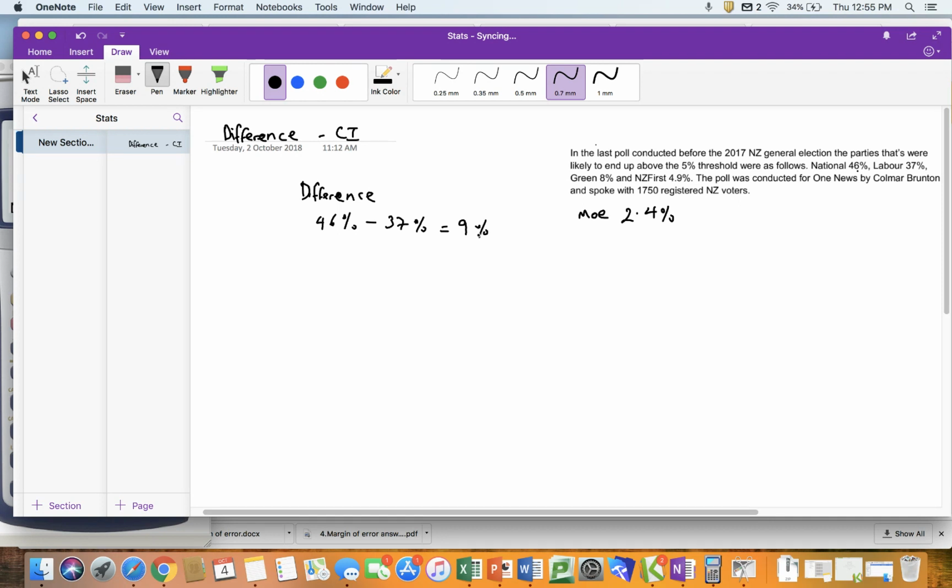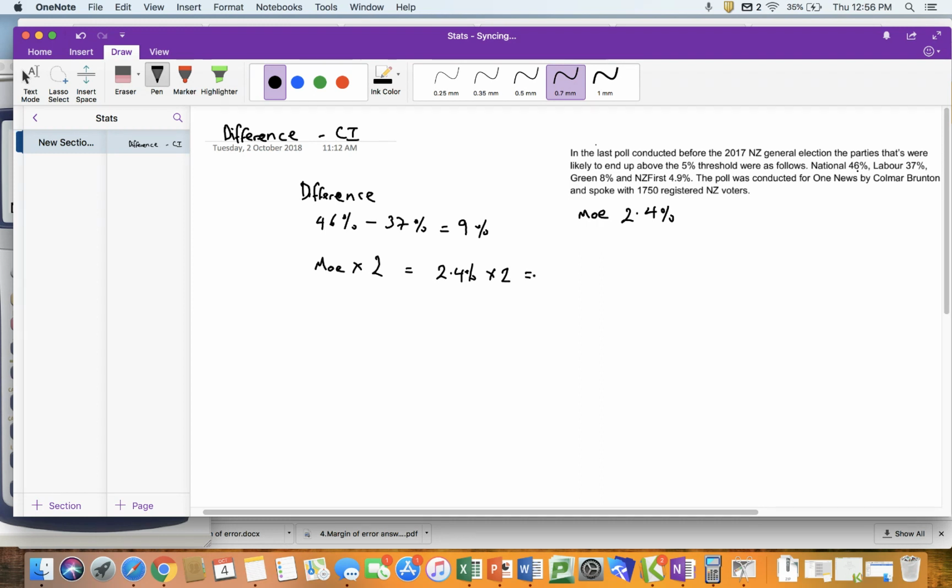Now, if I want to work out the expected margin of error for the difference between two proportions, it's my margin of error times 2. So in this case, that's going to give me 2.4% times 2.